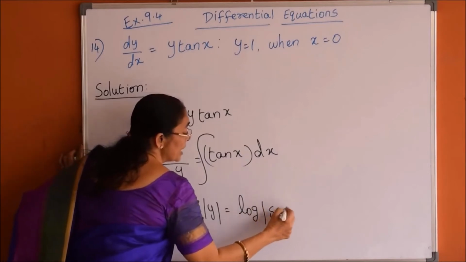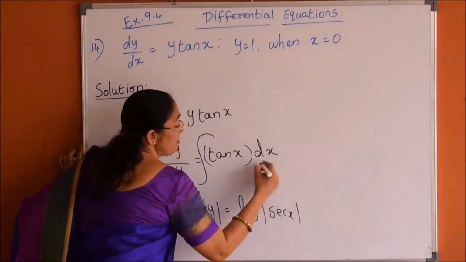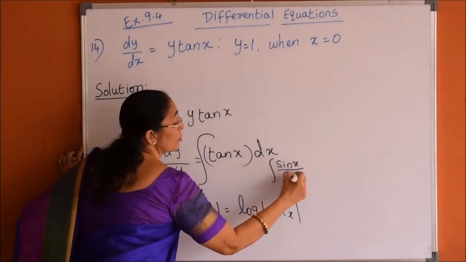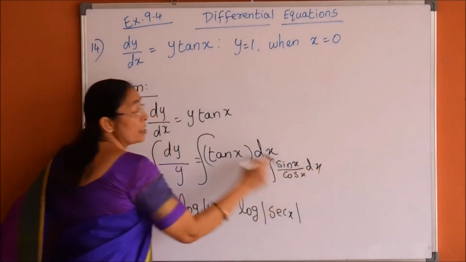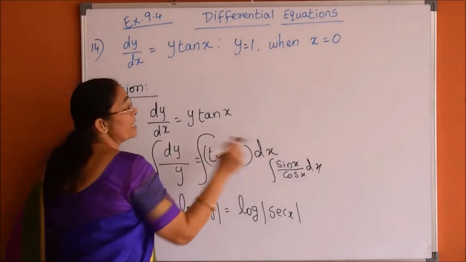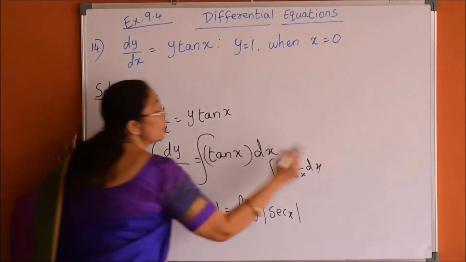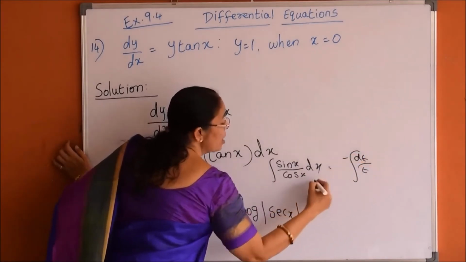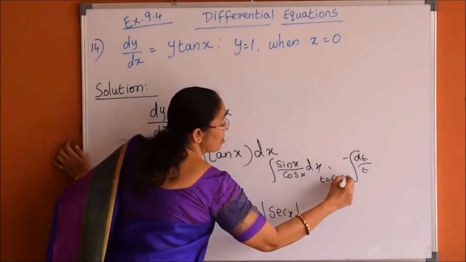If you want, you can check the integration of tan x. We can write tan x as sin x by cos x dx. Now when we assume cos x as t, minus sin x dx will come as dt. So we will get integration of minus dt by t, if you assume t as cos x.